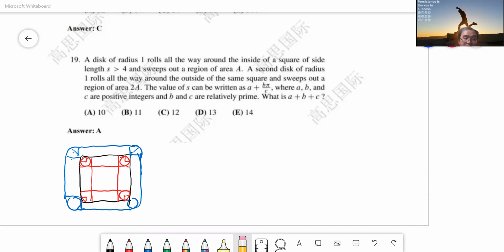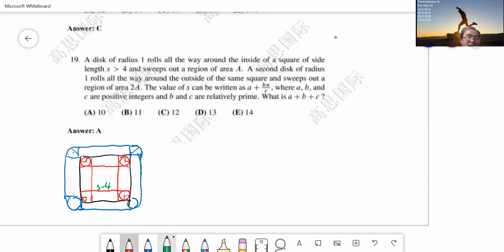But we cannot touch the corner. The corner is just this quarter circle, outside of this quarter circle. So we can find that the side length is s minus 2 minus 2, so s minus 4. The side length of the inner square is s minus 4.